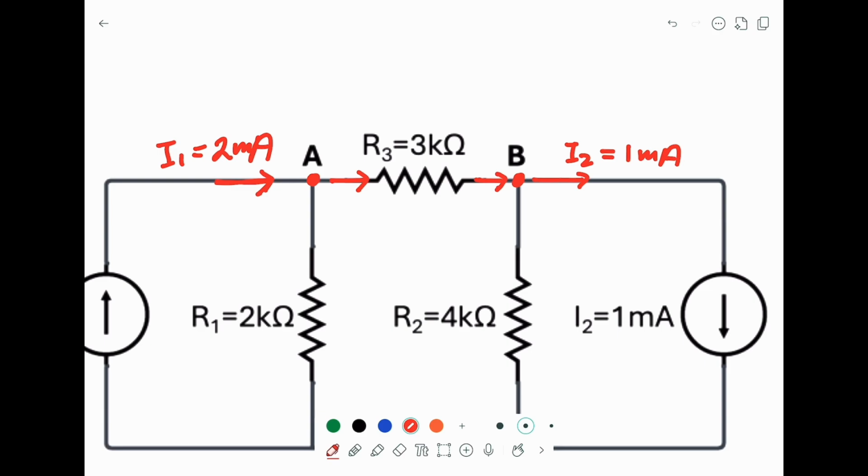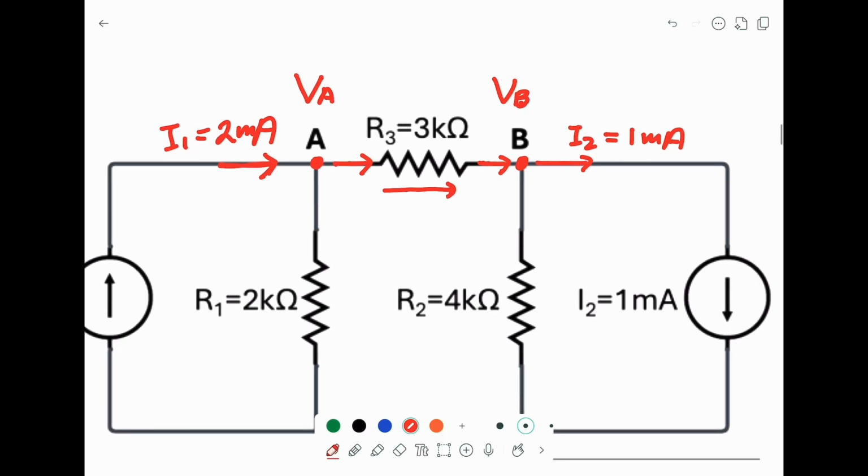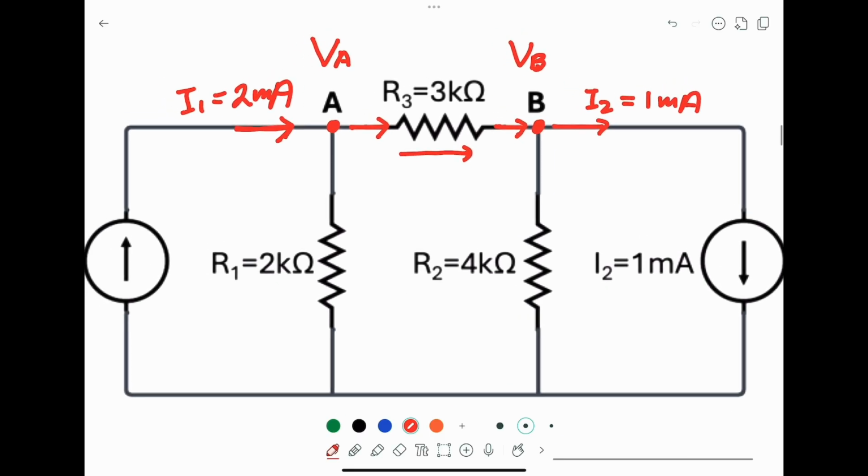So it is clear now that the current at A will flow into R3 from A to B. We can assume VA, the potential at node A, is bigger than VB. Therefore, the current will flow through here, passing through R3 from A to B. The current passing down R1 is another current, and this is another current passing down R2.